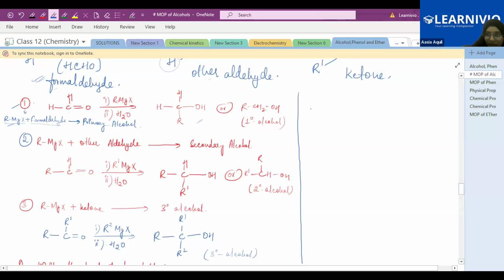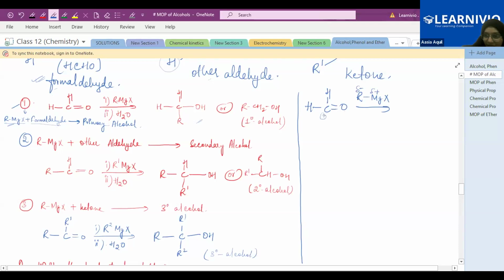If we take HCHO, the first step is you treat it with RMgX. This MgX will have a partial positive charge and this R group will have a partial negative charge. Between the carbon and oxygen, the oxygen will have a negative charge and the carbon has a positive charge.